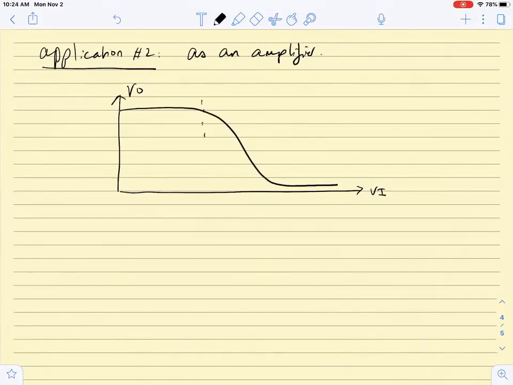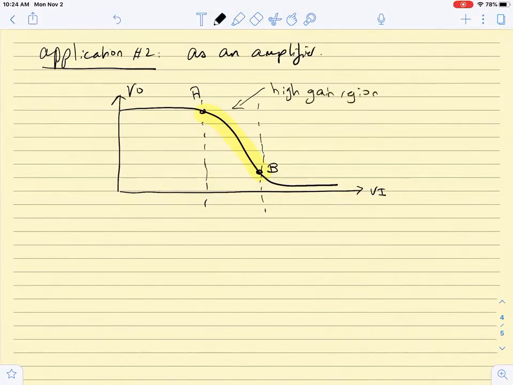In the middle, up to saturation, approximately up to point B, between point A and B we have a high gain region.